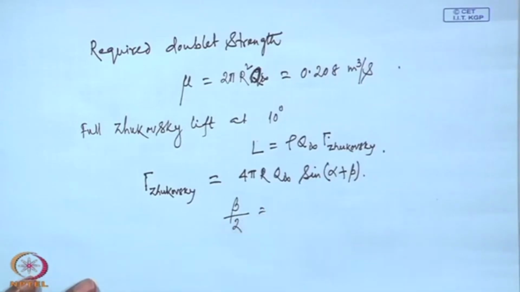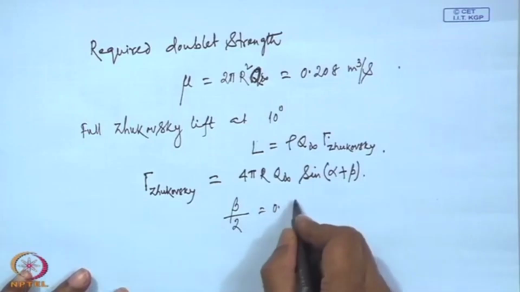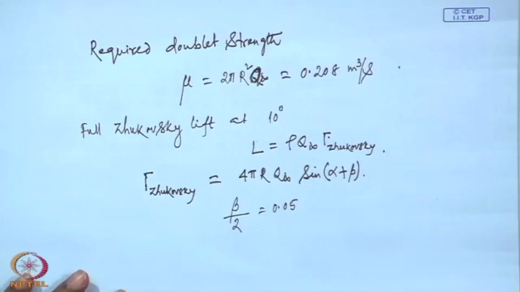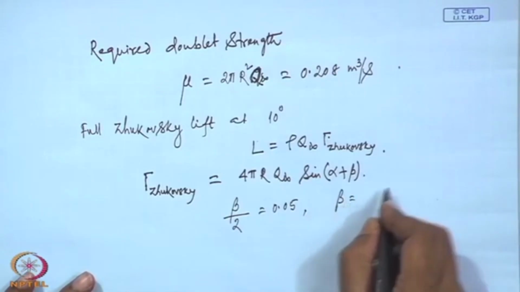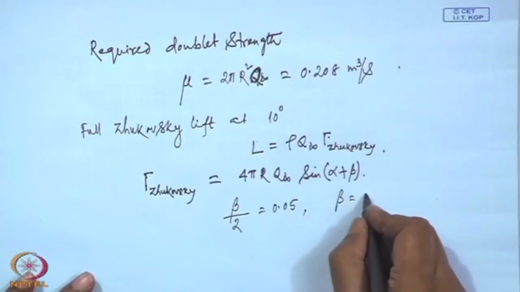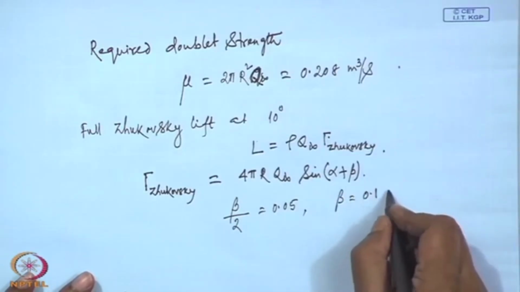Not 5, that is percentage. 5 by 100, 0.05. So, beta is how much? 0.1 radian.